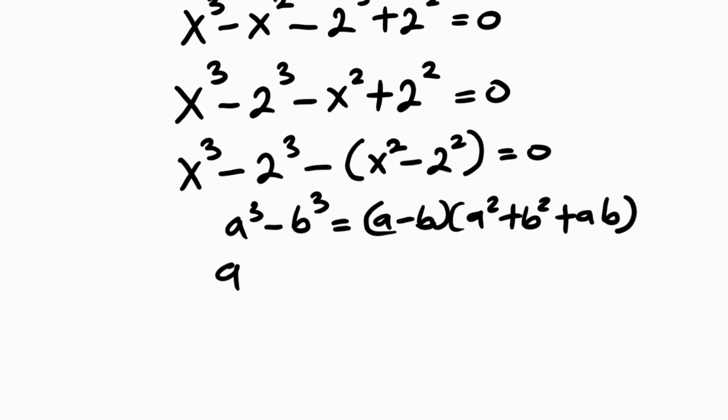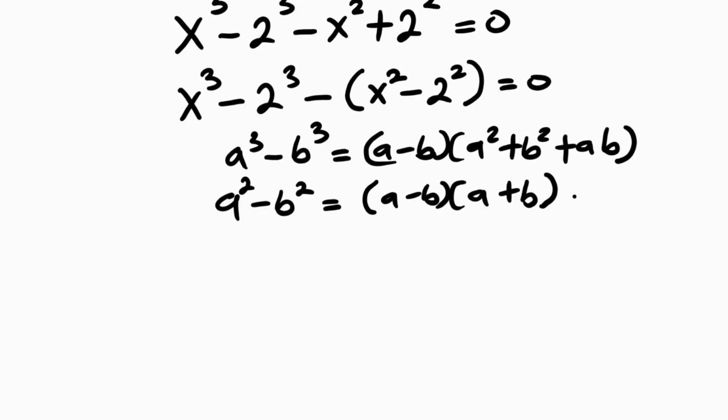And then a squared minus b squared. So the x^2 minus 2^2 is in the form of a squared minus b squared. And this is equal to a minus b and a plus b.